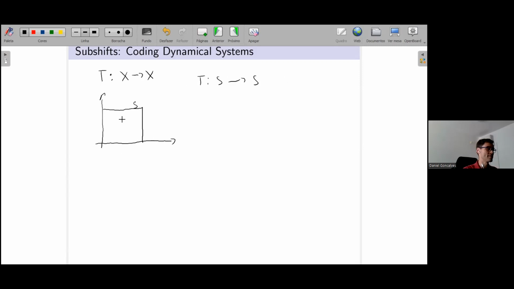So of the points. The orbit being, you take a point X and you iterate it. So T of X, then T square of X, and so on.